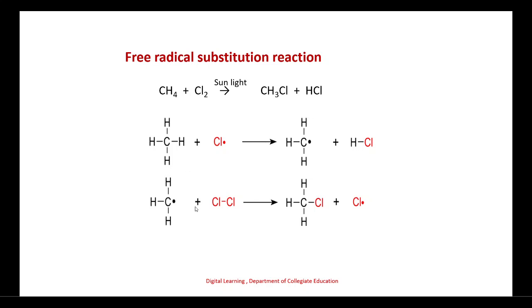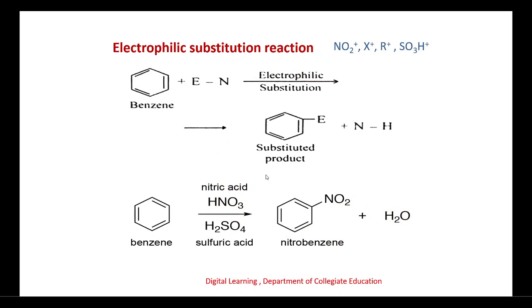If the reaction is carried further, all the hydrogen atoms of methyl chloride are successively replaced by chlorine atoms to get carbon tetrachloride. So this is all about the free radical substitution, which involves a free radical as an intermediate.